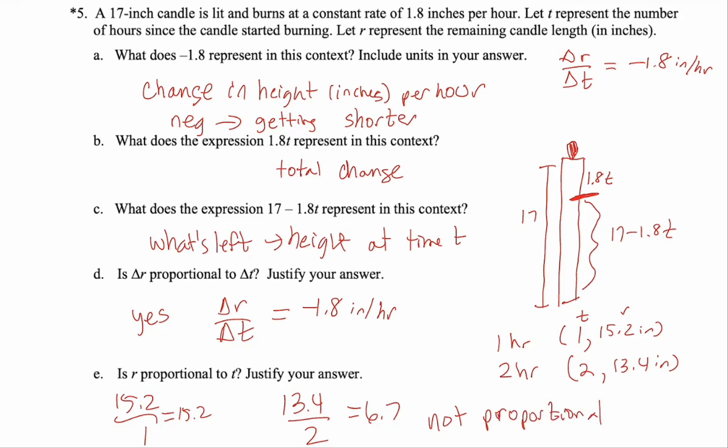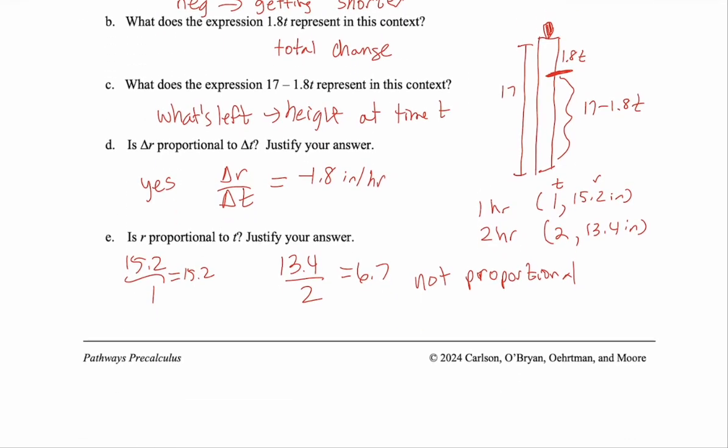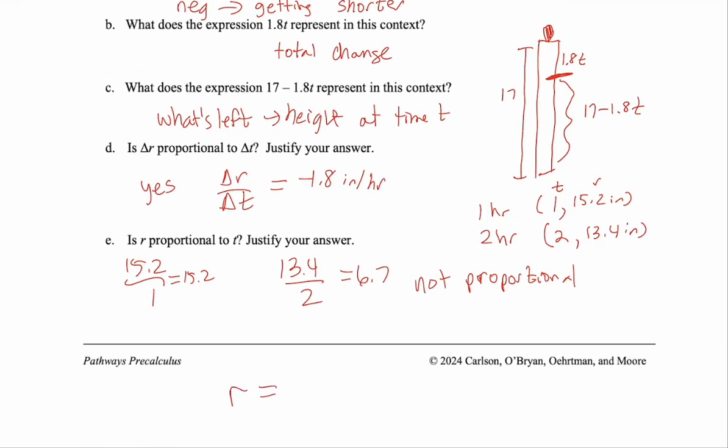Another way to think about it, if you think about the equation for this particular problem, let's write an equation. The equation for this problem, I didn't write it down, but it is R equals 17 minus 1.8t. A proportional equation should always be of the form A over B equals C over D. That is not that type of equation.